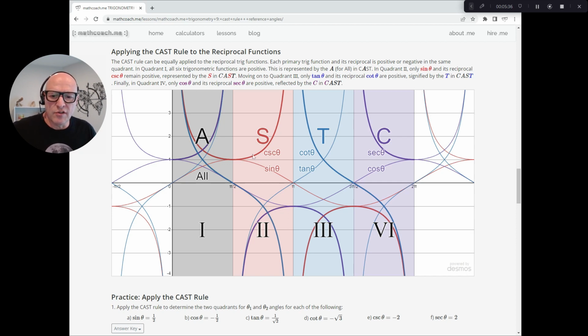Our tangent function is positive in quadrants 1 and 3, and our cotangent function is also positive in 1 and 3. And for our cosine function, it is positive in quadrant 1 and again in quadrant 4, and its reciprocal secant function is also positive in quadrant 4.